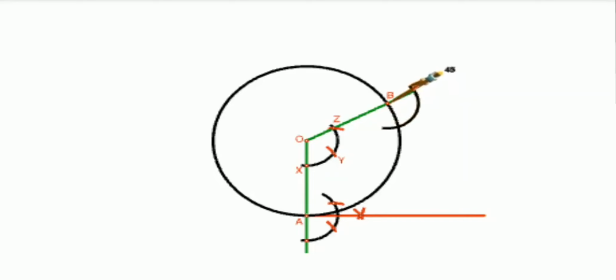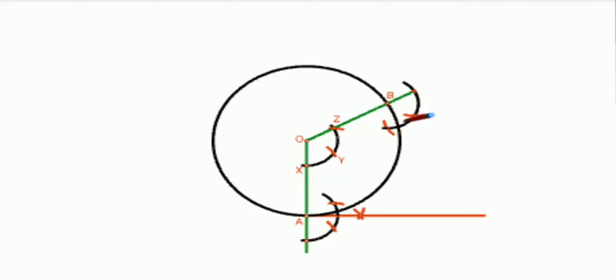Same procedure we are following at point B also. We have made one arc. See, from this point, we will make another arc to cut the previous arc without changing the radius. From this red color arc, one more red color arc we will make without changing the radius.